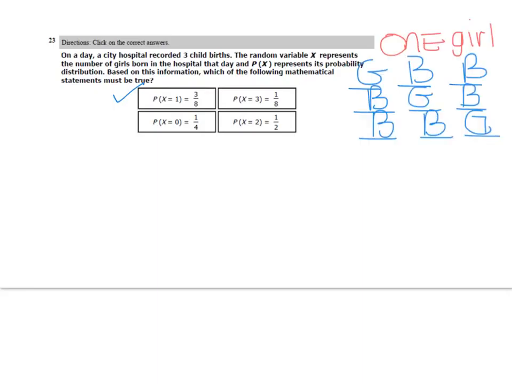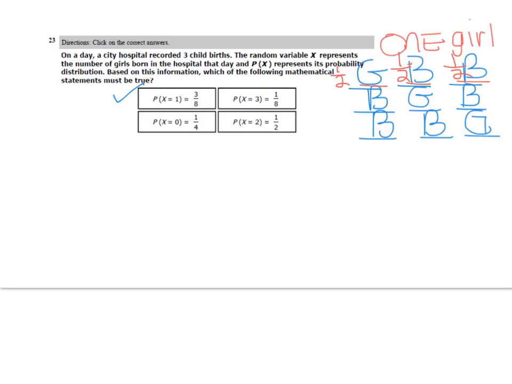All right, so let's look at this. If the first birth was a girl, and then the next one was a boy and a boy, that would be 1 girl. So what's the probability of a girl? 1 out of 2. For each event, the probability is 1 out of 2, because it's either going to be a boy or a girl. If we multiply 1/2 times 1/2 times 1/2, what do we get?